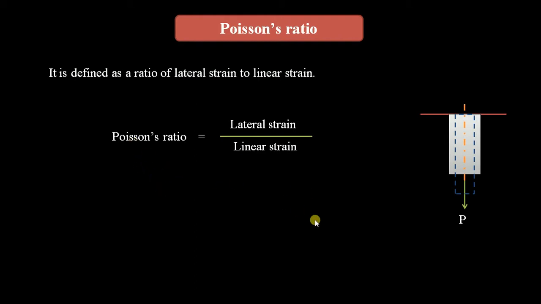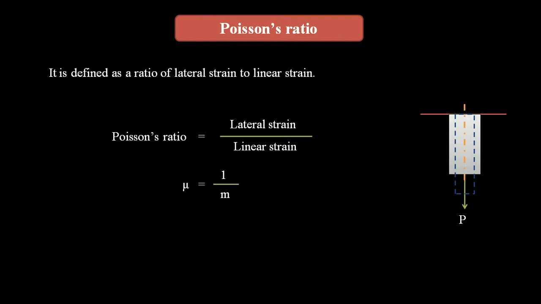Next, the symbol used for representing Poisson's ratio is mu. That mu we can write as 1 by m. Here Poisson's ratio is specially represented as 1 by m. M is the symbol here, and that m can be represented in terms of digits. That value will vary for different types of materials.